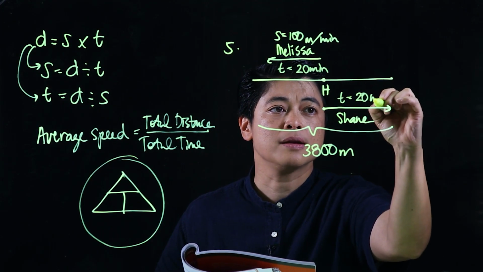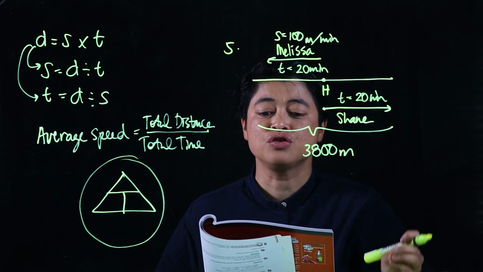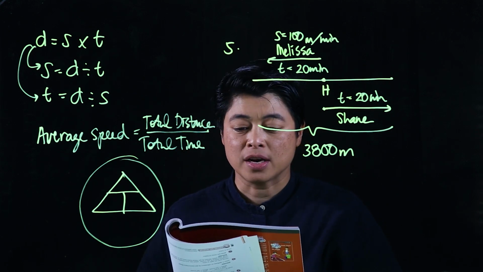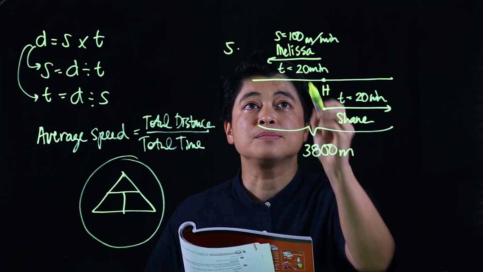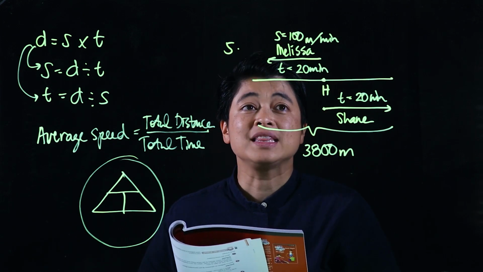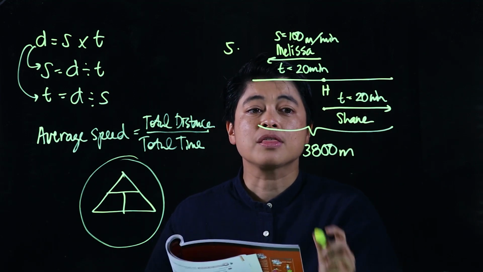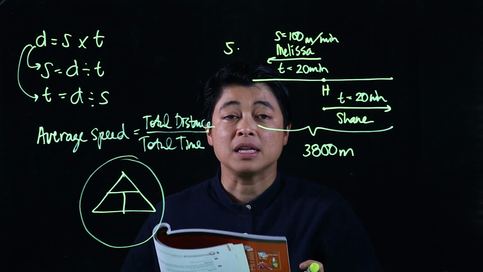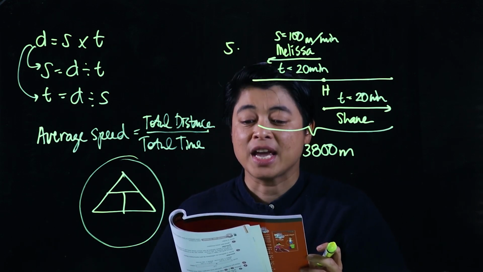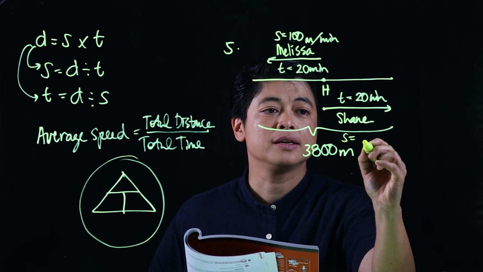Time is 20 minutes. I'm going to read that again. Melissa and Shane started jogging at a constant speed from their house in opposite directions. Melissa jogged at a speed of 100 meters per minute. At the end of 20 minutes, meaning both ran for 20 minutes, they were 3,800 meters apart. The question is, find Shane's jogging speed. So we're looking for the speed.